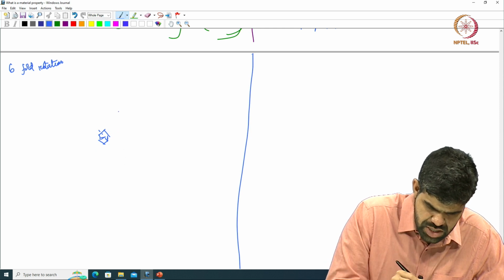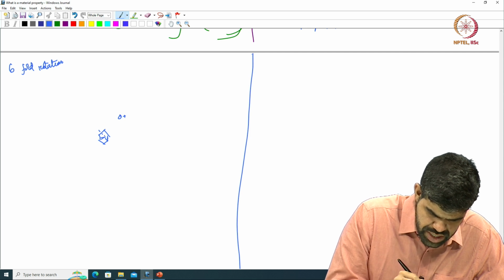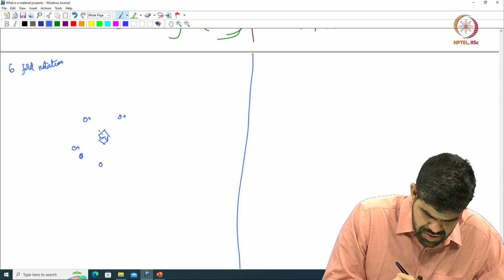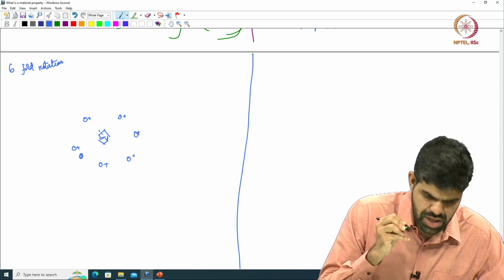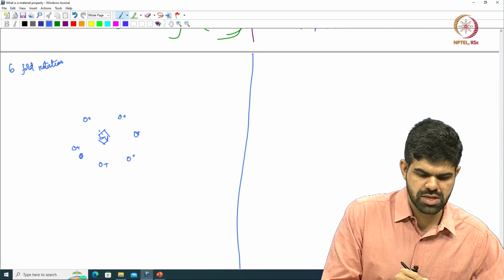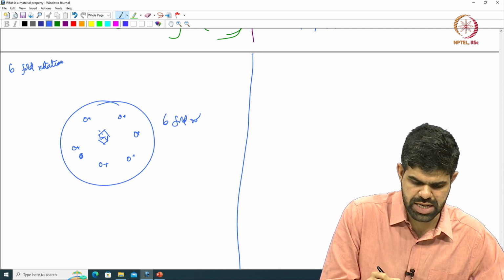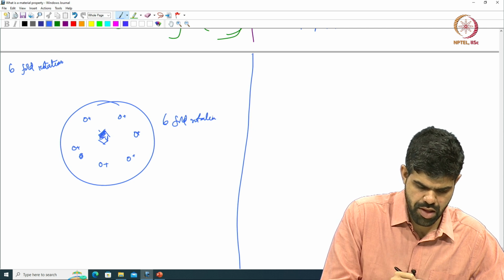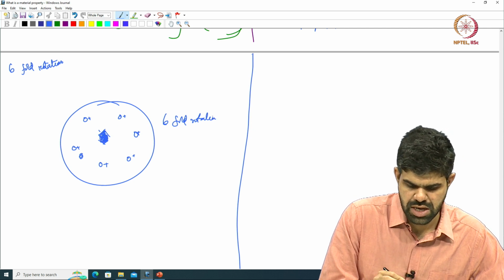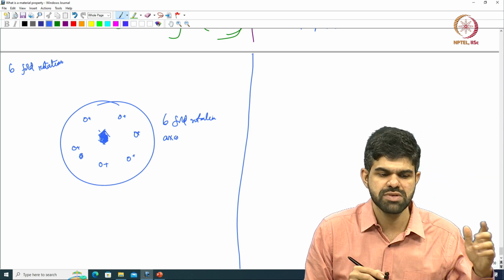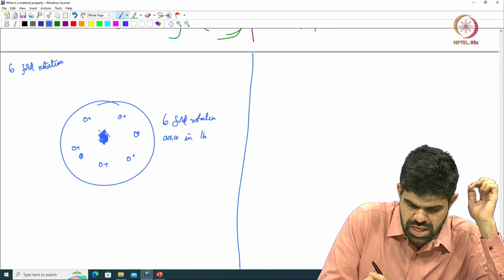If I have an asymmetric unit here, I rotate this asymmetric unit by 60 degrees and I have it here, and from here again at 60 degrees I have another asymmetric unit which is somewhere here, which is somewhere here, which is somewhere here, and which is somewhere here, right. So there is a 6-fold rotation axis. That is my 6-fold rotation axis, right. The center of this is a rotation axis, about which I have a 6-fold rotation, right, in this system.